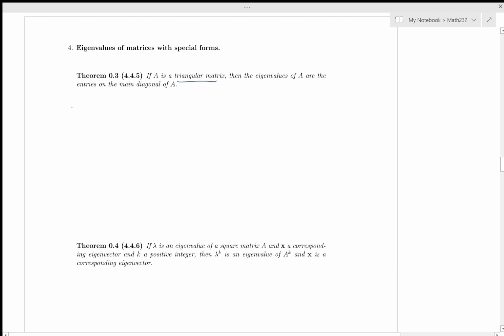So let's see an example of that in action. Let me get a lower triangular matrix. It doesn't matter if it's upper or lower triangular, it applies to both.